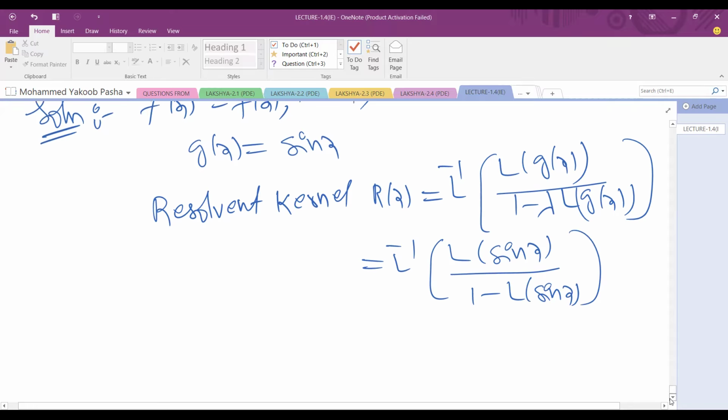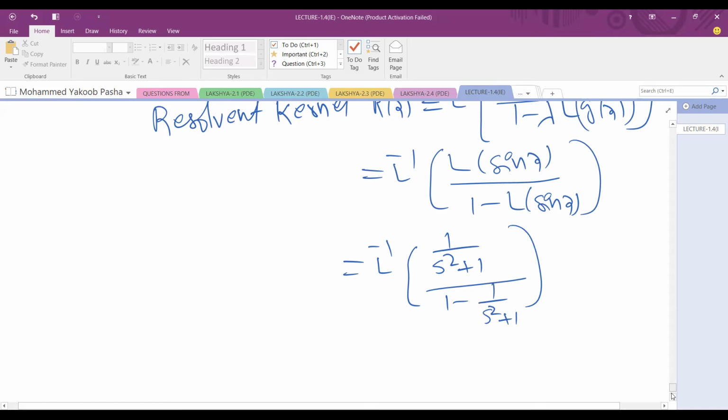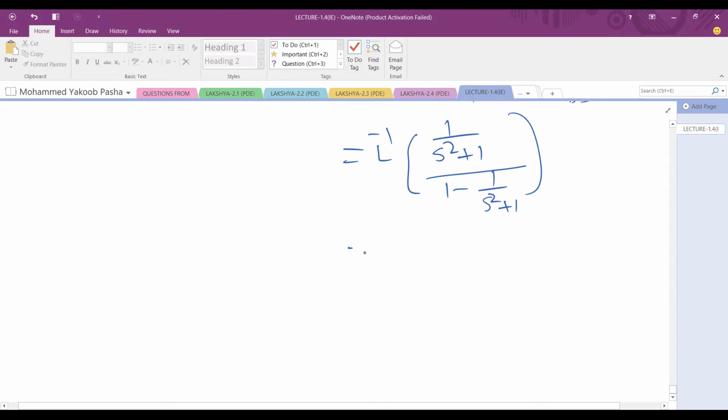Okay, so what is the formula for Laplacian of sin x? 1 by s square plus 1. Here 1 minus 1 by s square plus 1. So LCM is s square plus 1. That is cancel. In the numerator 1, the denominator s square plus 1 minus 1 s square. What is the formula for inverse Laplacian of 1 by s square?